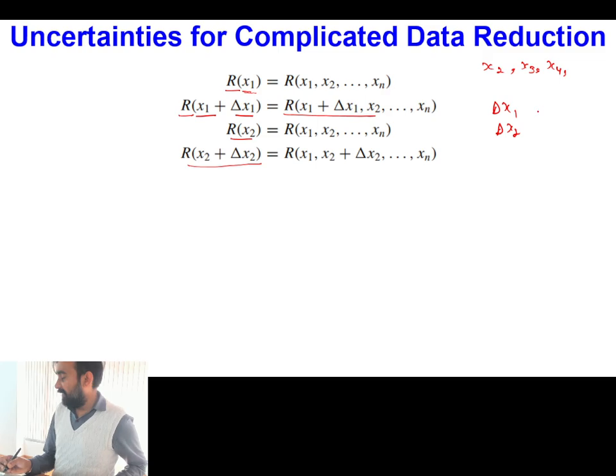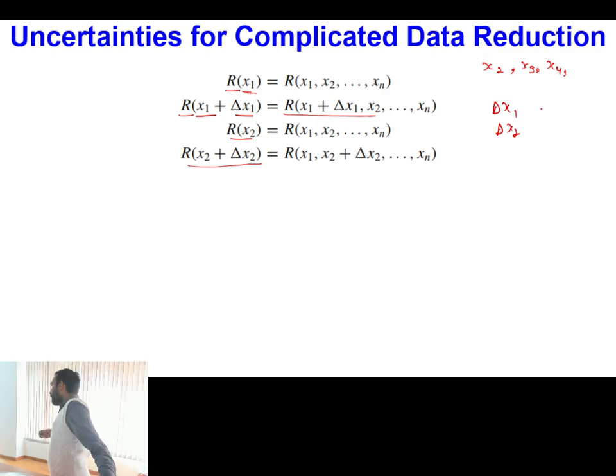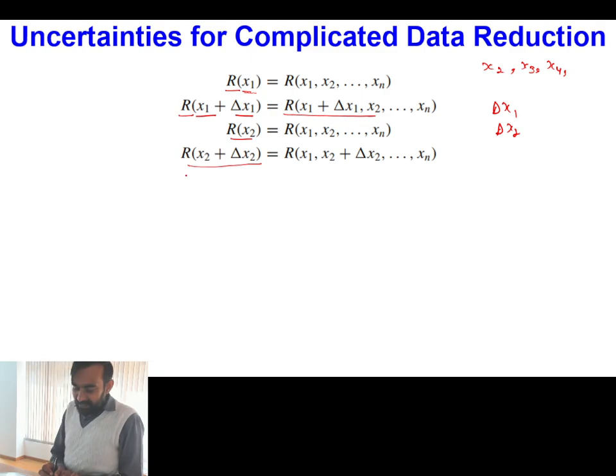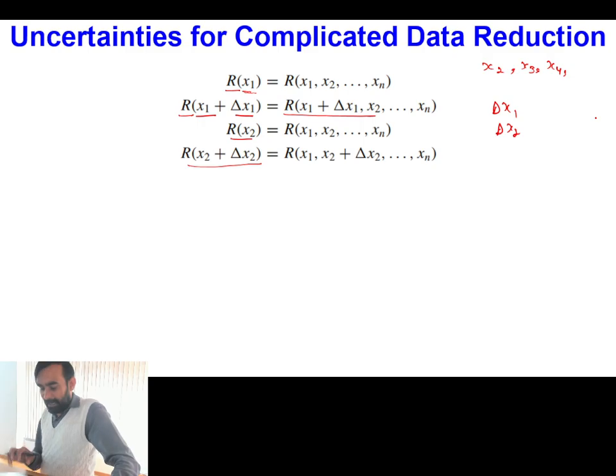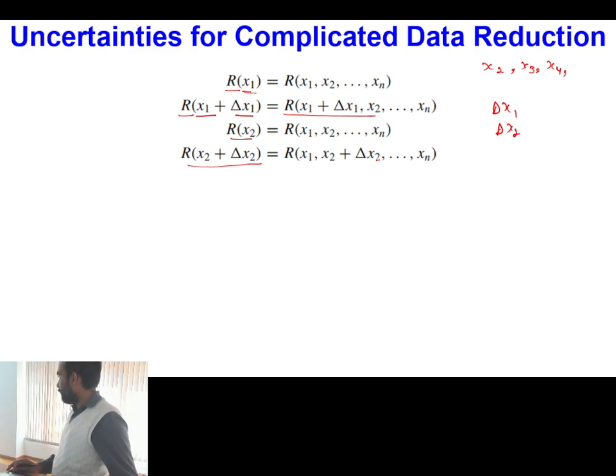Delta x1 and delta x2 are the perturbations in the values of variables x1 and x2, and upon giving these perturbations we check the sensitivity, that is, how much our resultant parameter is changing. This way I can calculate the value of the resultant quantity for all the variables involved, with perturbations in each particular variable.